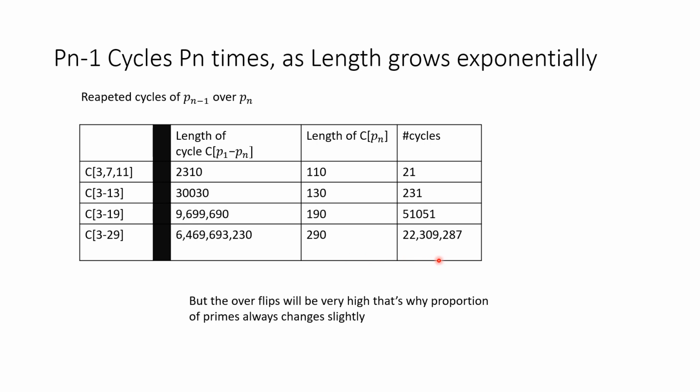And there is a balance. You can see if you take the proportion of the slope of primes, the proportion of primes doesn't change too much from cycle to cycle. Even this goes higher very fast.